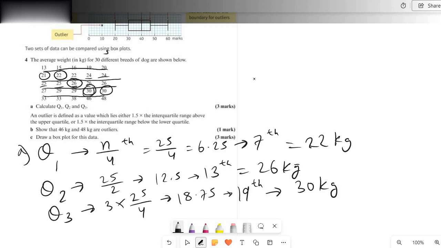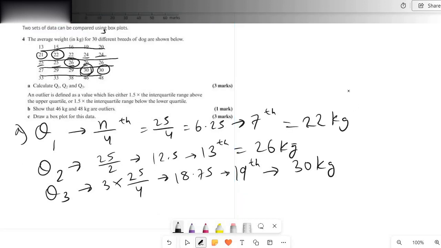Now for part B, an outlier is defined as a value which lies either 1.5 times the interquartile range above the upper quartile, or 1.5 times the interquartile range below the lower quartile. So we have to show that 46 and 48 are outliers. We can calculate the interquartile range, which is Q3 minus Q1.